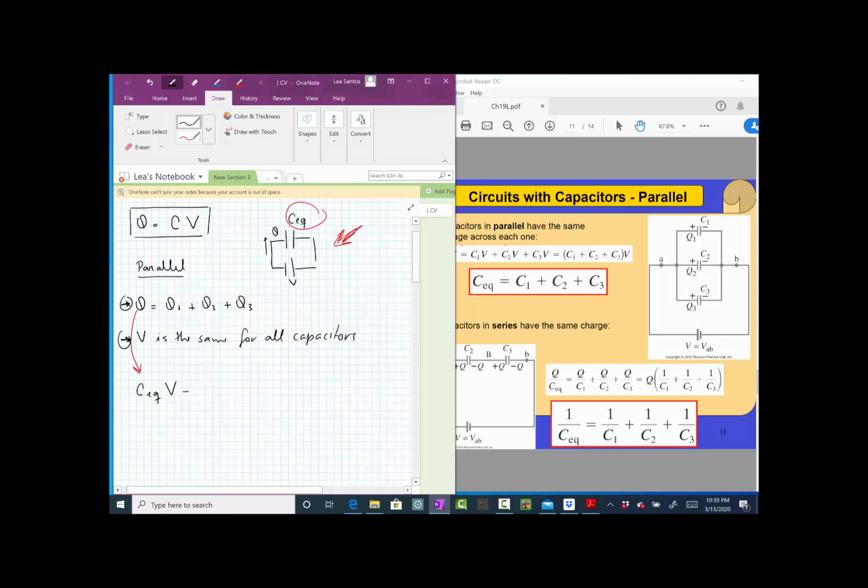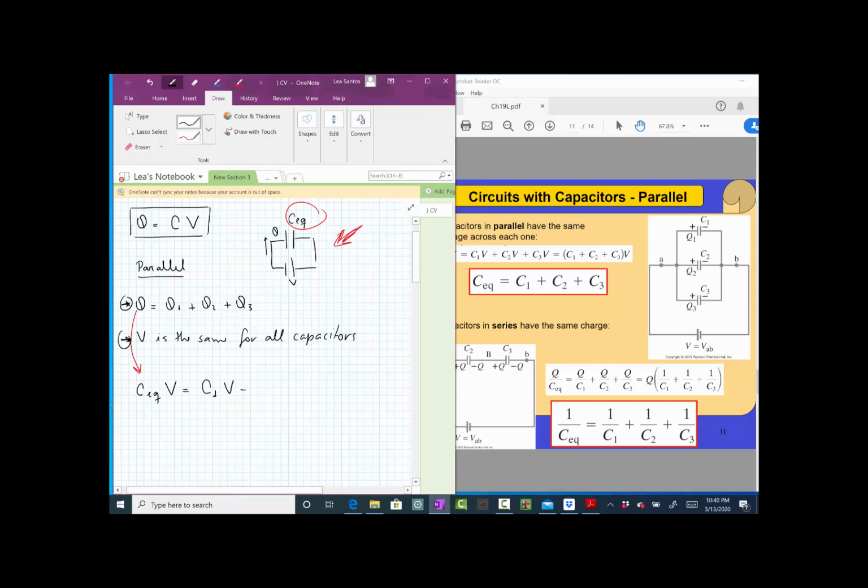Okay, now let's go to the other side of the equation. What is Q1? Q1 is the capacitance of capacitor C1, multiplied by the potential difference of this capacitor, and the potential difference of this capacitor is again the potential difference of the battery because this circuit is in parallel.